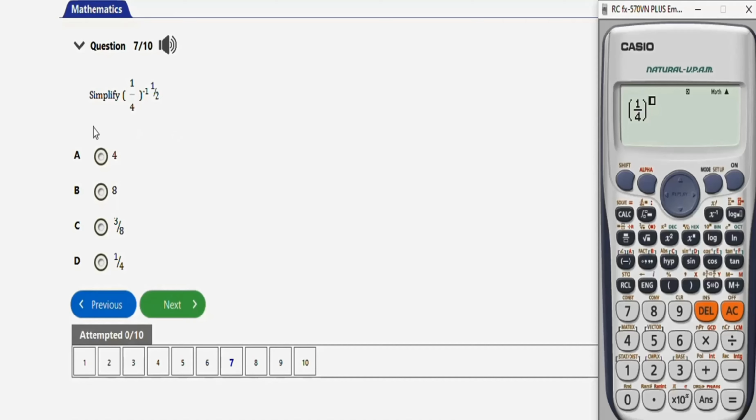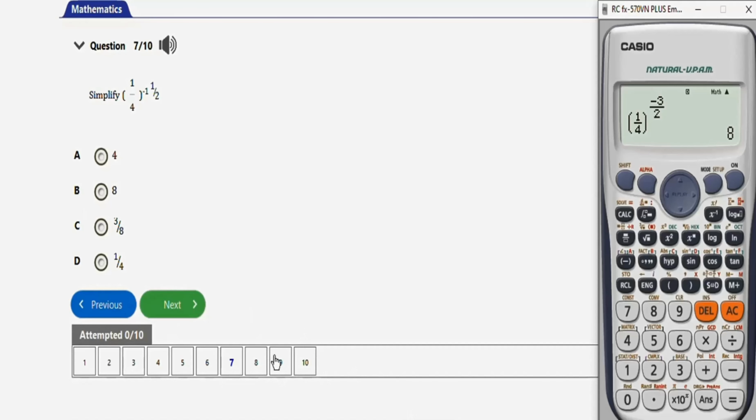That's 2 times 1, that's 2 plus 1, 3. So this will give us minus 3 over 2. If you turn it into improper fraction, minus 3 over 2. Okay, so that's what we have here for this question. Let's press equal to see the output. 8. So the right option is option B. It's as simple as this.